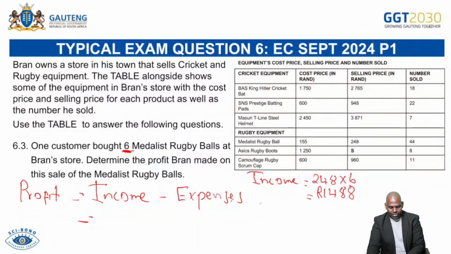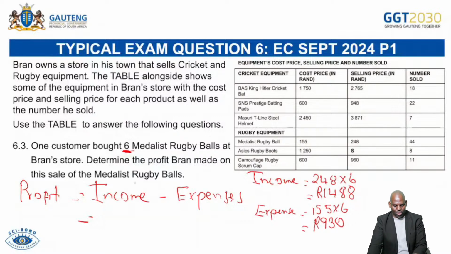Right? And then for expenses, I'll take the cost price. The cost price is 155. 155 multiplied by 6. So if I take 155, I multiply by 6, then I get 930.